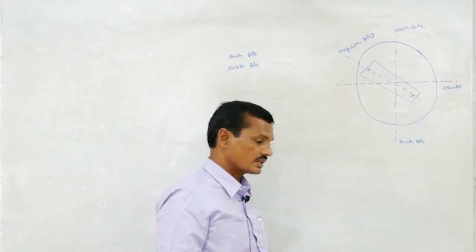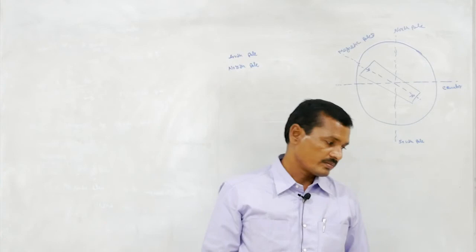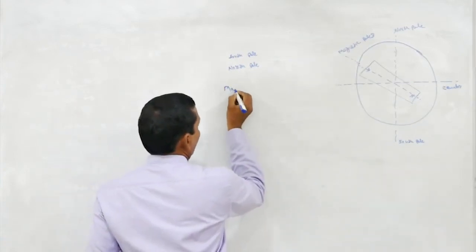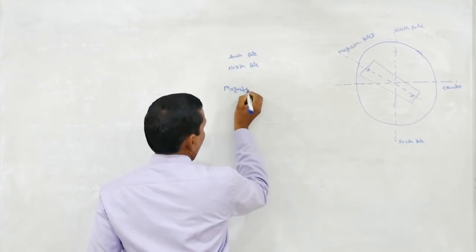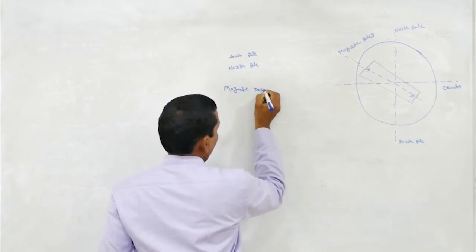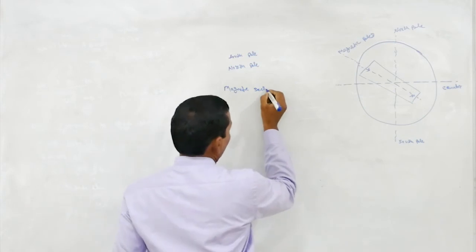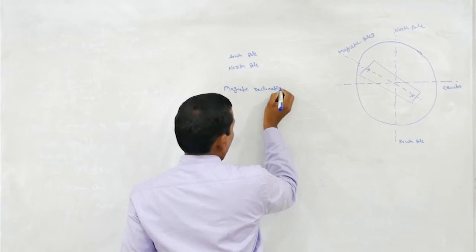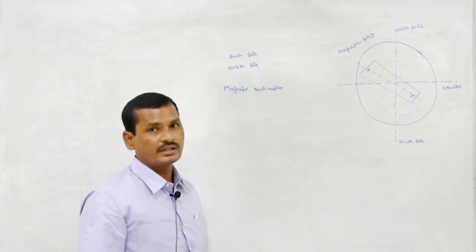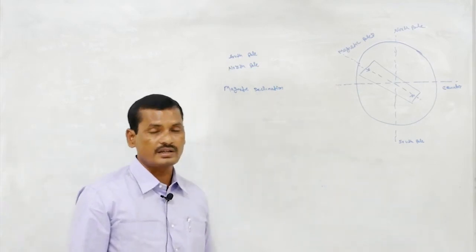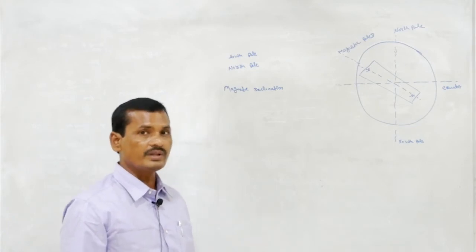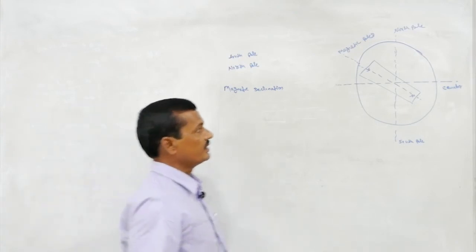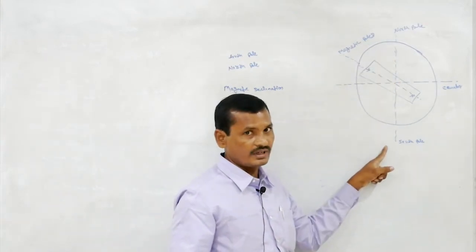Now we will discuss another important topic. Magnetic declination. Magnetic declination means the angle between the geographic meridian and the magnetic meridian. This is the geographic meridian of the earth.